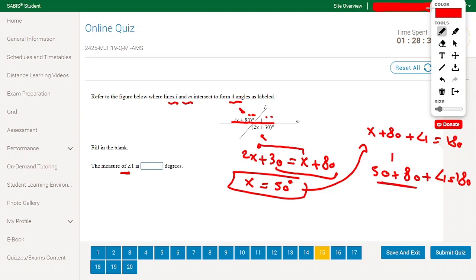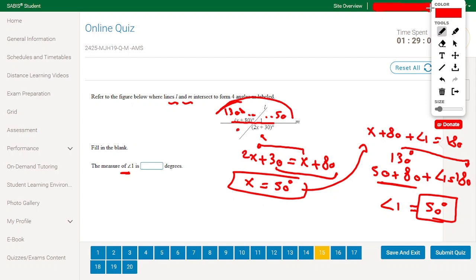This will be 130. So 130 I will move to the other side. So angle 1 will be equal to 180 minus 130. It will be 50 degrees. So the angle 1 will be 50. And x is 50, so here 50 plus 80 will be 130. So here it will be 180. So this angle also will be 50 because this angle is opposite to angle 1.